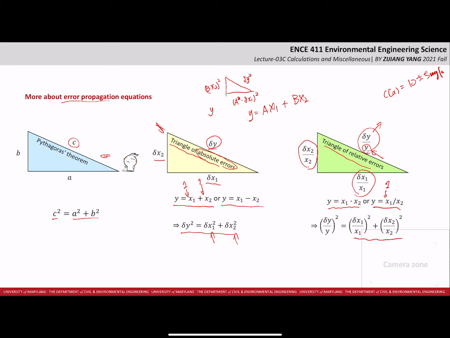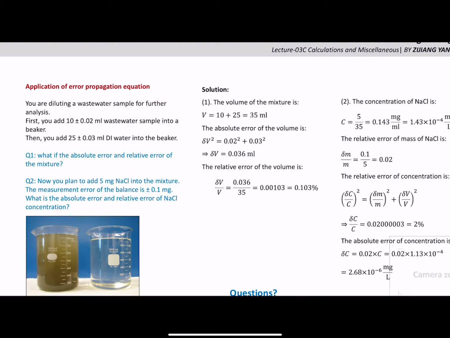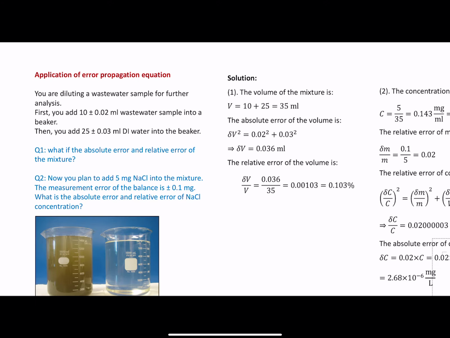Okay. And to become familiar with this, let's look at this example. This example is shown in the lecture slide. We are diluting a wastewater sample for further analysis. First, we add 10 mL plus minus, this is the error, of wastewater sample into a beaker.